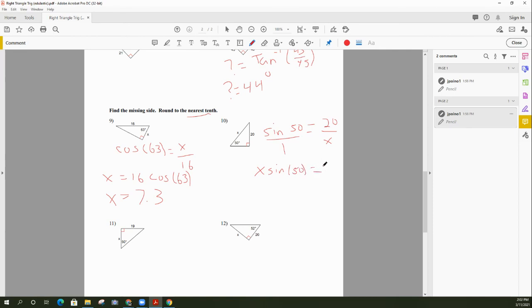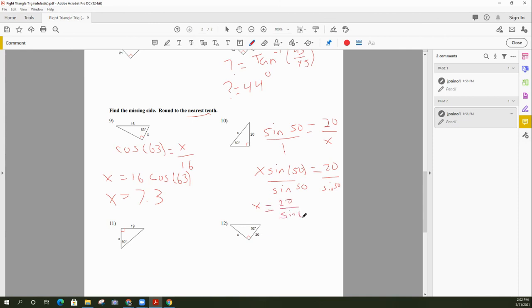Now I want to get the x by itself, so I divide both sides by sine 50. That's what I type into my calculator: 20 divided by sine 50. So x equals 20 over sine 50.